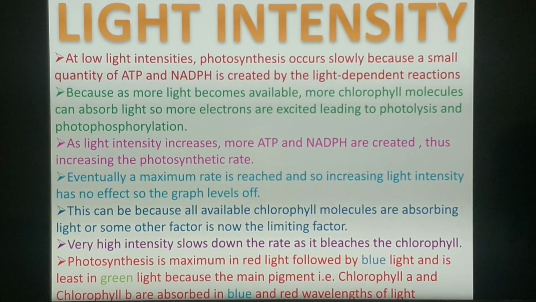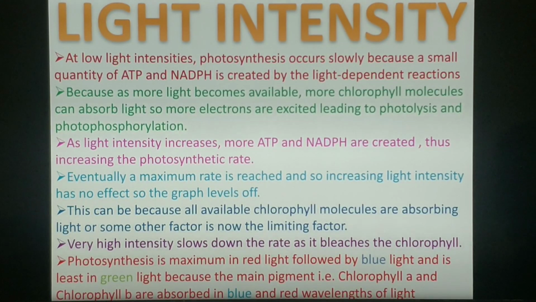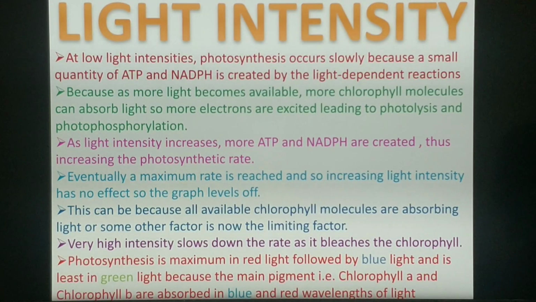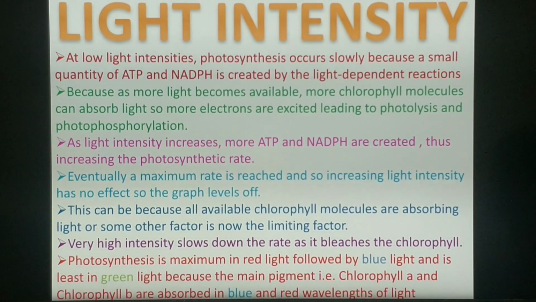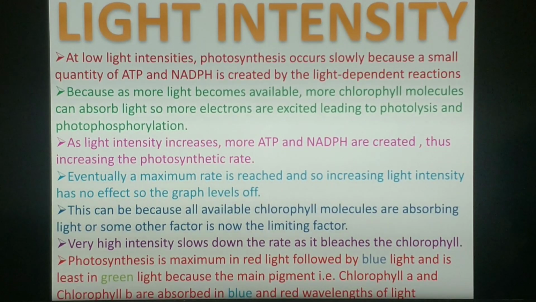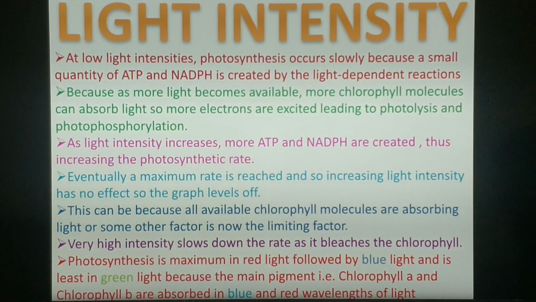Now let us take the factors. We have already classified them into 2 categories, as external factors and internal factors. Let us take all these factors one by one and let us discuss how they affect the rate of photosynthesis. First, in case of external factors, say we start with light.